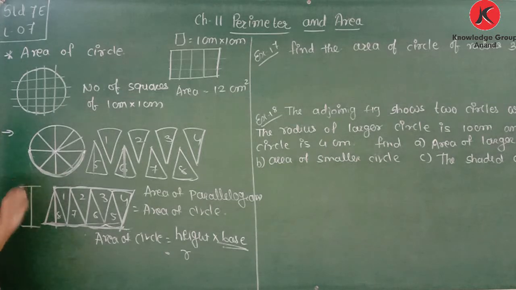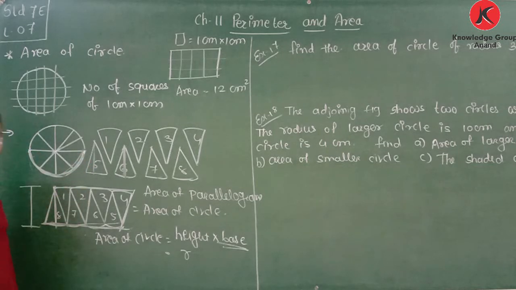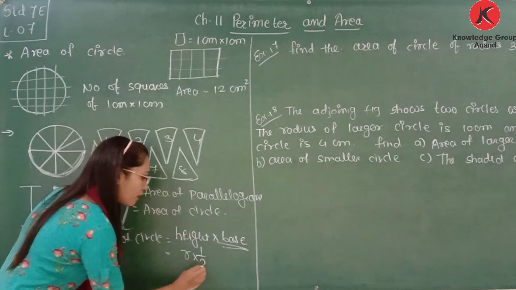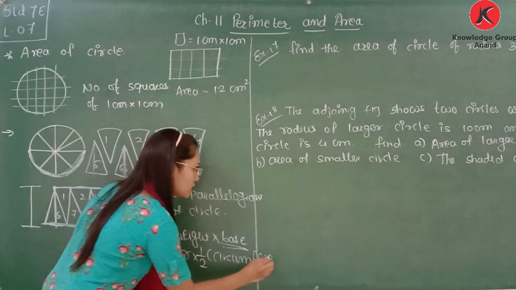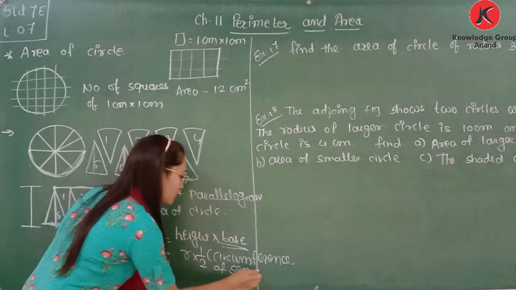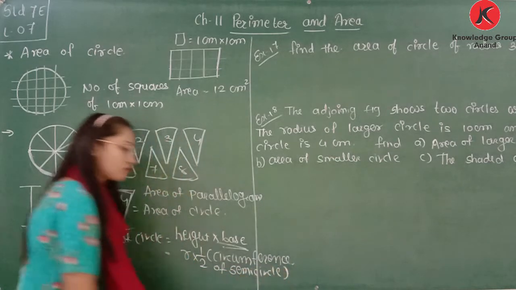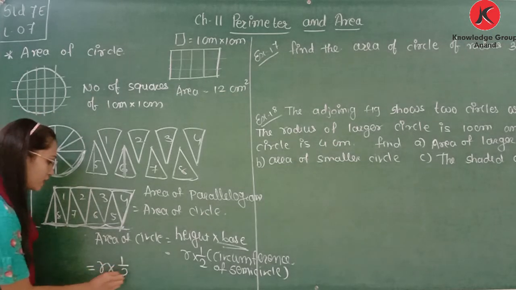Now what is the circumference of the whole circle? That is 2 pi r. So the circumference of a semicircle is 1 by 2 pi r. So base will be 1 by 2 circumference of semicircle. So that is what? R multiply 1 by 2.